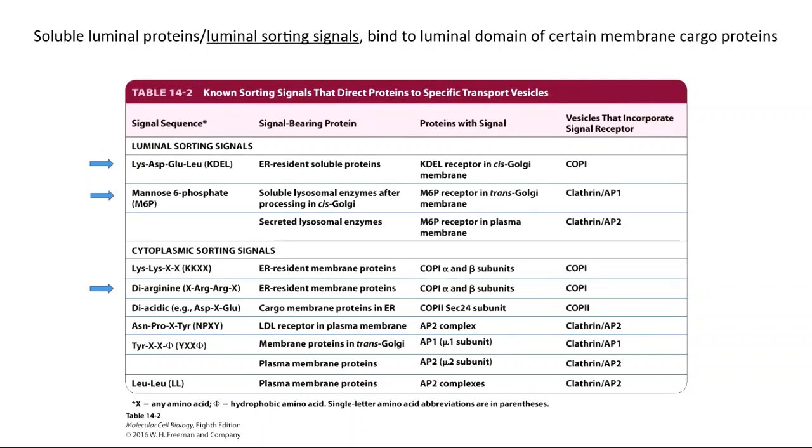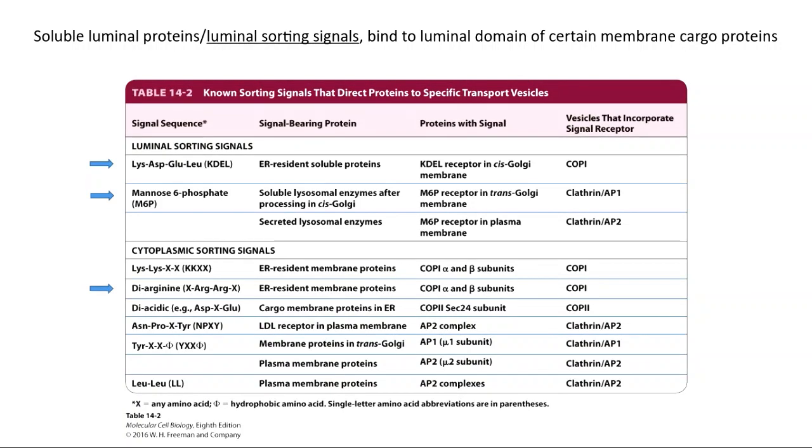So this is the example of diacidic sorting signals. So cargo membrane proteins in the ER. The membrane proteins are in COP2 coated vesicles, and it is being recruited by the SEC24 subunit.